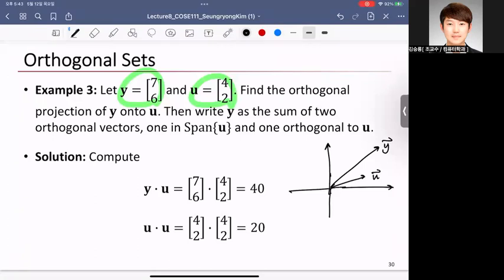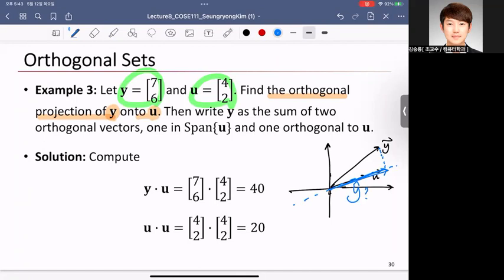In this case, find the orthogonal projection of y onto u. So the question is to find out this vector y hat. This is our question.